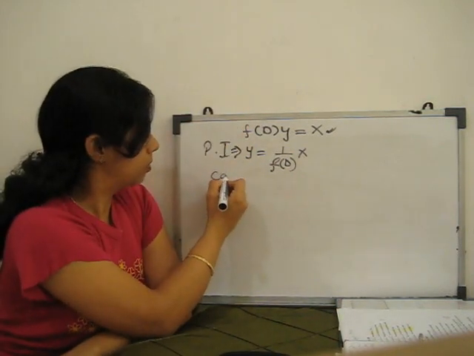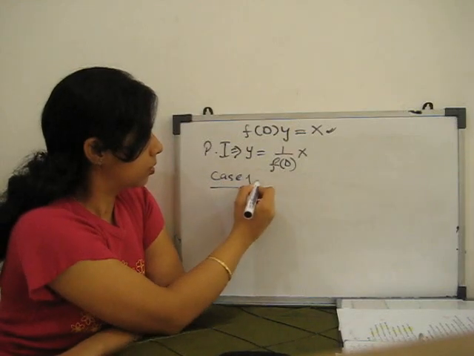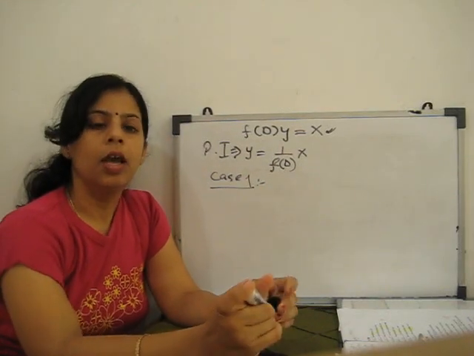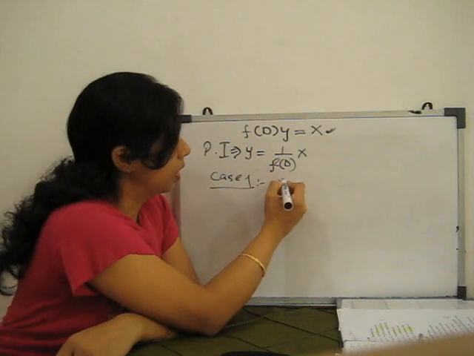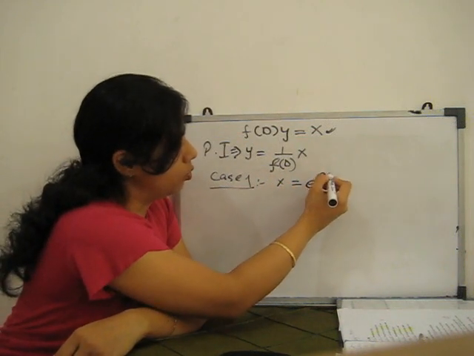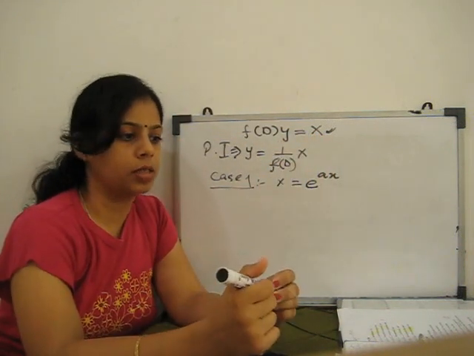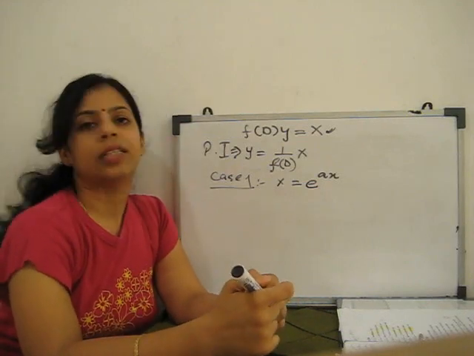Case 1: when our function is in exponential form, e to the power ax, then it is very simple.